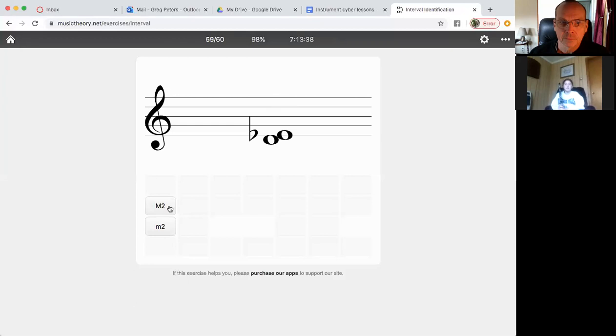A D to an E flat. Minor second. Yeah, you're getting fast. Good. A D to an E. Major second. Ooh, look at you fly. A D to an E. Major second.